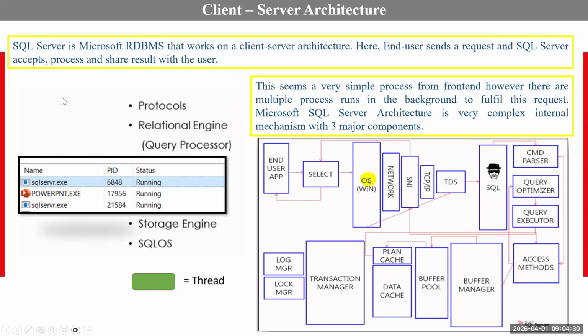As of now, our main concern will be the protocol layer and the database engine. Under the database engine, the relational engine and the storage engine. First, the end user will send the request, for example a select statement, which means reading the data. Today our main focus will be the read.